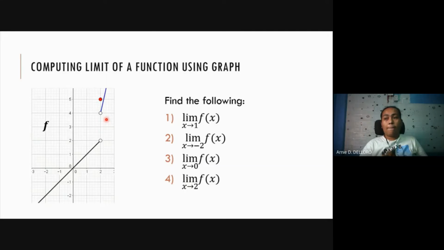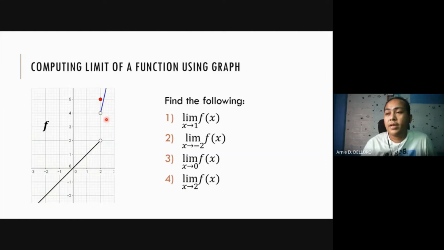Yun yung tanong. Okay? Since the limit of the function from the left is not equal to the limit of the function from the right, then therefore, the answer in number 4 is that the limit of f of x as x approaches 2 does not exist. Okay?